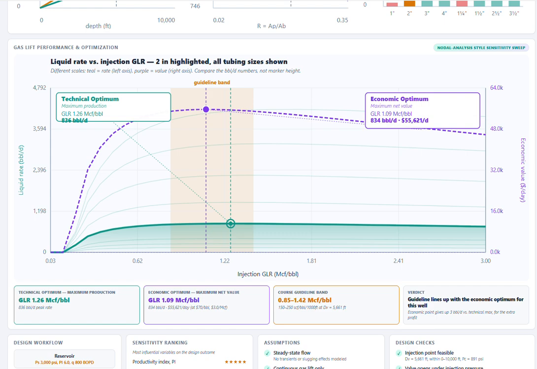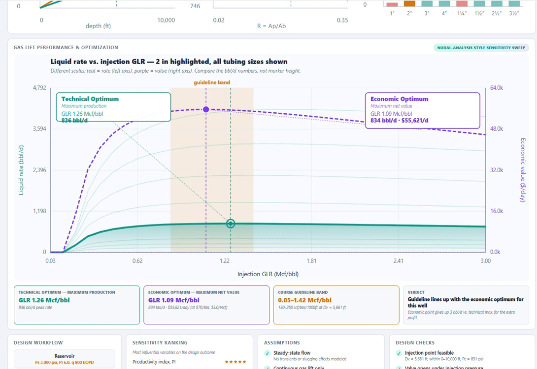Initially, production increases because the fluid column becomes lighter, but eventually friction losses begin to dominate. The result is a peak. That peak is a technical optimum. So now here's the interesting one.